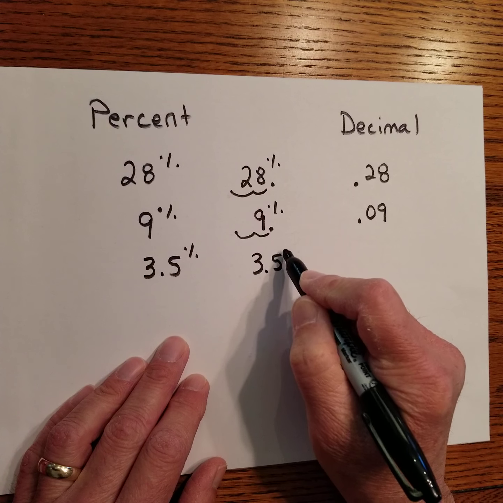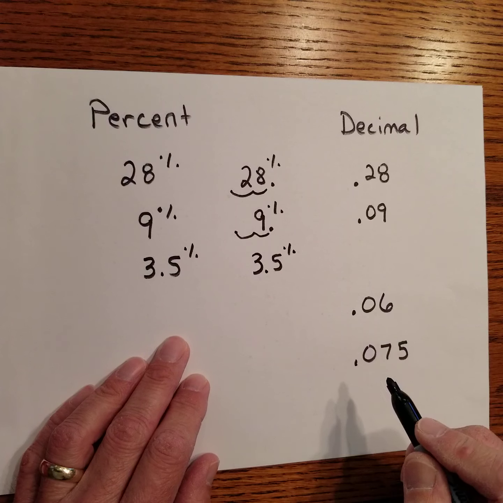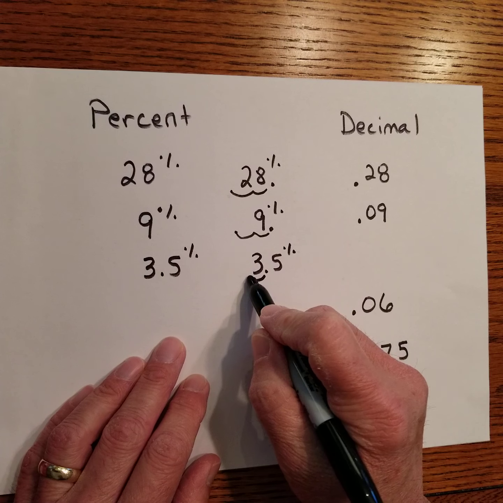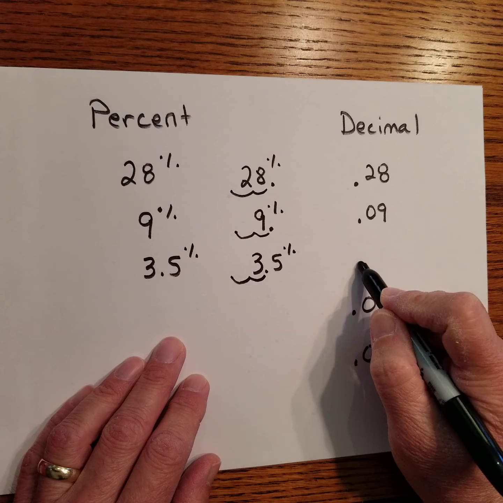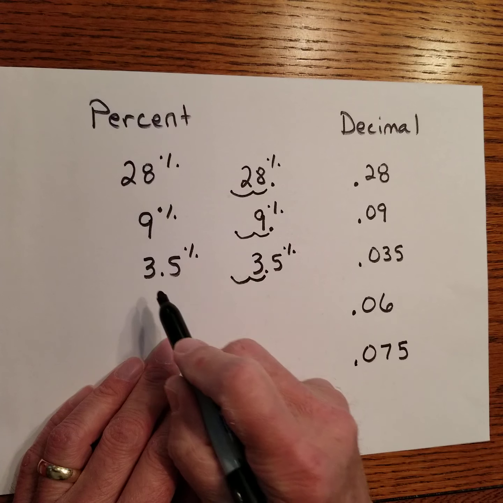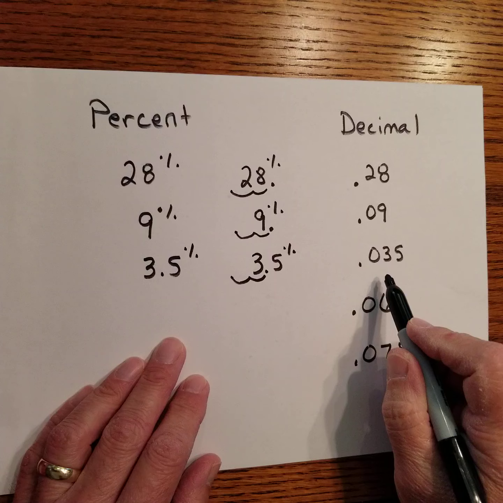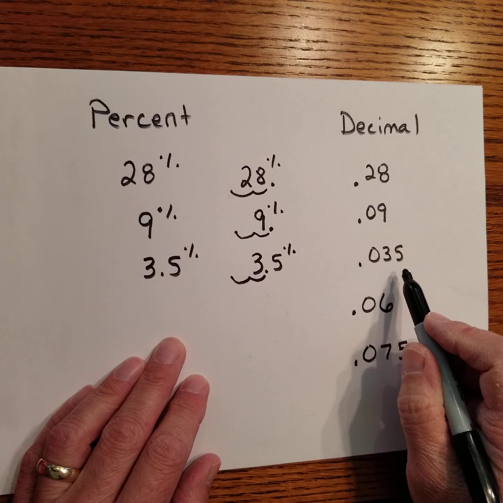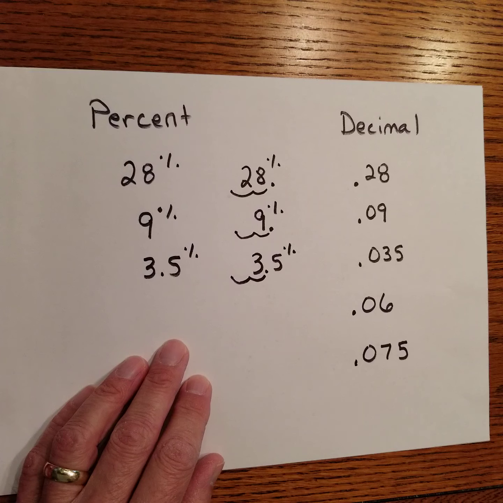3.5%, if I change it into a decimal, becomes 0.035. 3% is 0.03. The extra 0.5 is on the end.